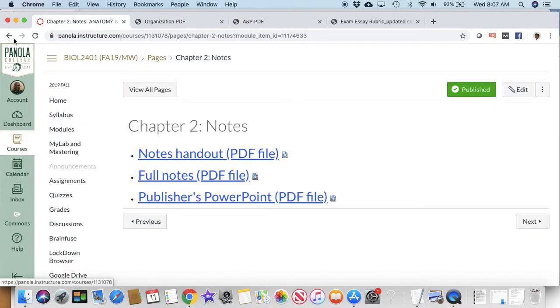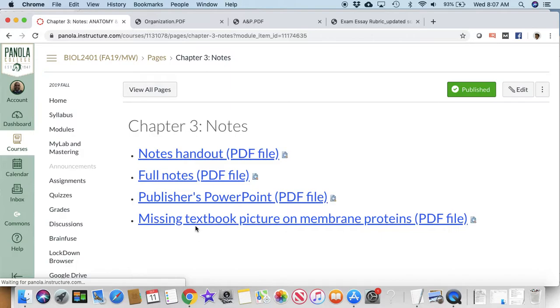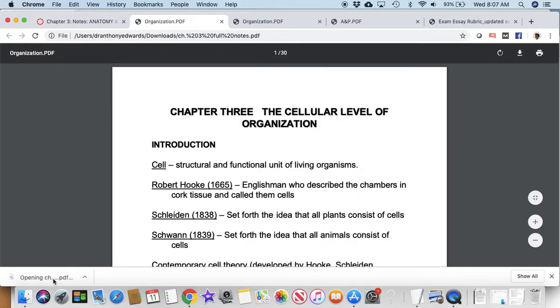And as we go to chapter 3, you'll want to know 2 parts of contemporary cell theory. Let's pull this up. So you want to know 2 parts of contemporary cell theory in here.